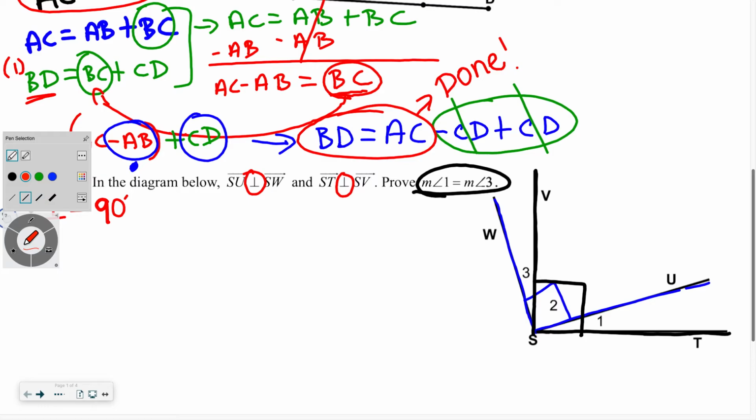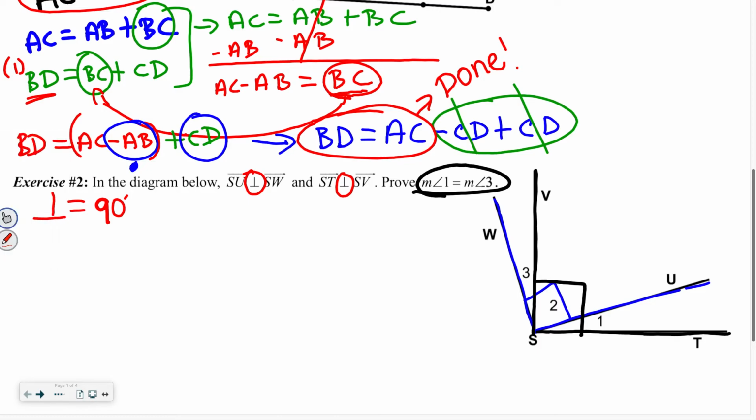Well, I need to represent a whole in terms of its parts. So let's represent the whole in terms of its parts. Well, I know that the measure of angle 2 plus the measure of angle 1 is how much? Notice, this is that one right here.